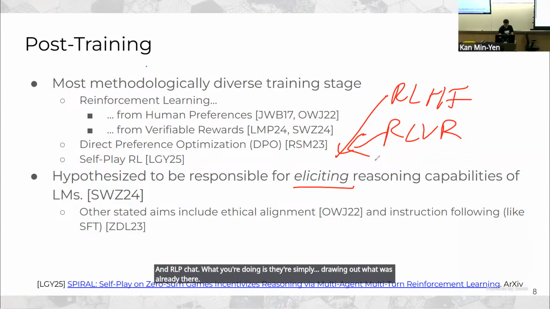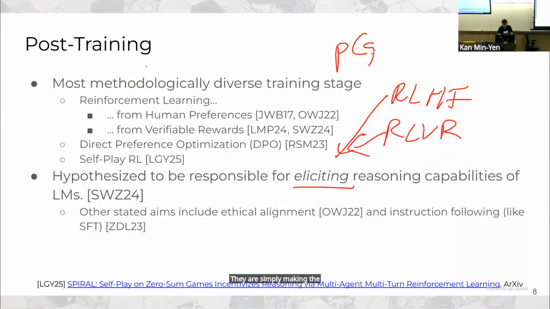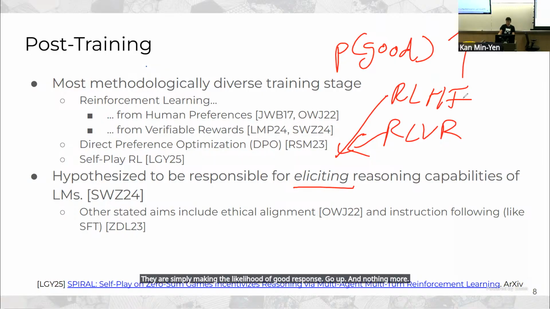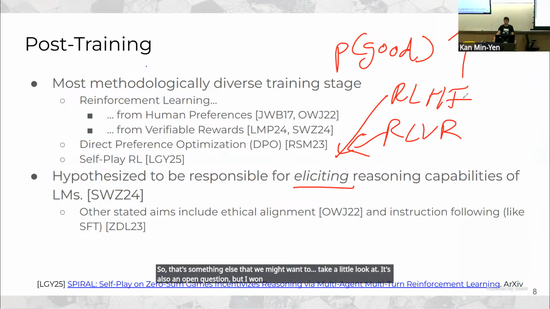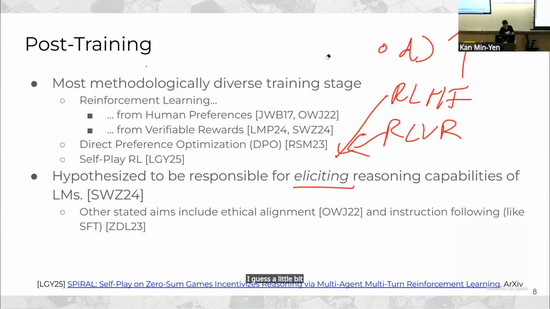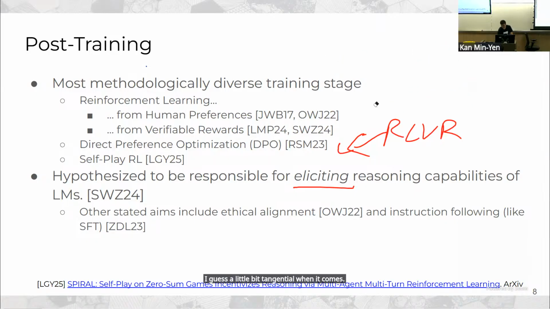They are simply making the likelihood of good responses go up and nothing more. So that's something else that we might want to take a little look at. It's also an open question, but I won't go too much into it because it is, I guess, a little bit tangential when it comes to retrieval augmented generation.